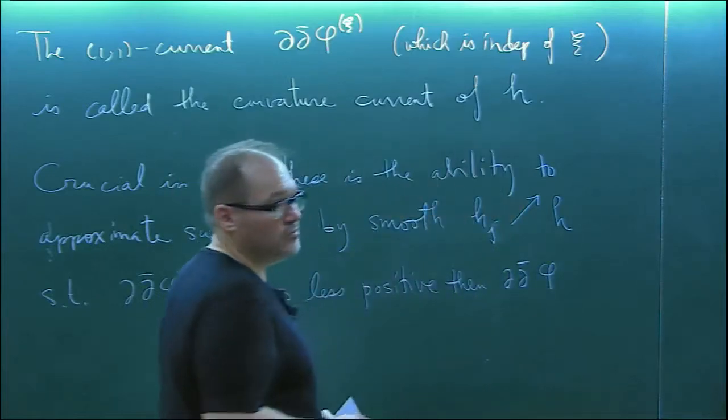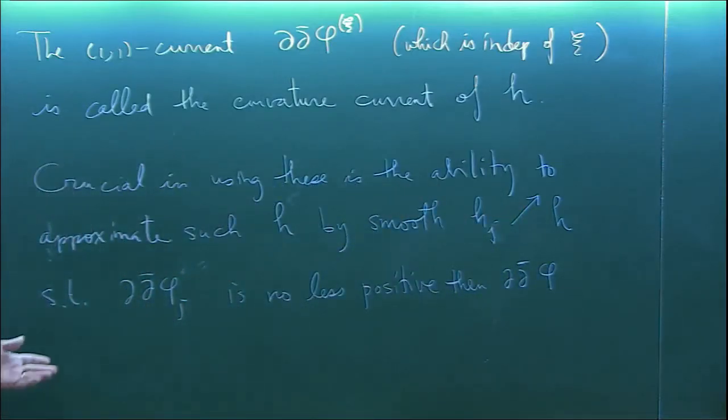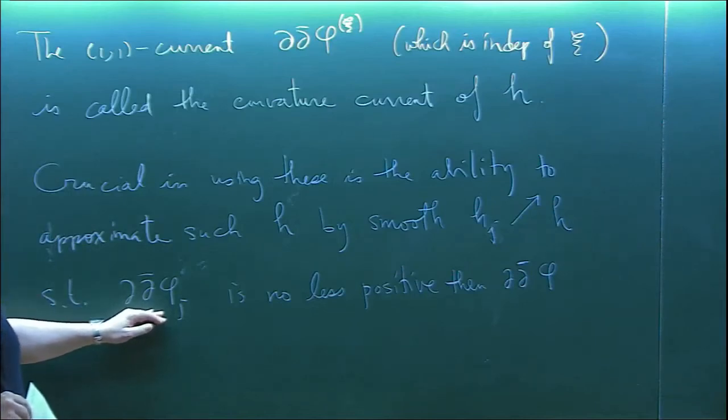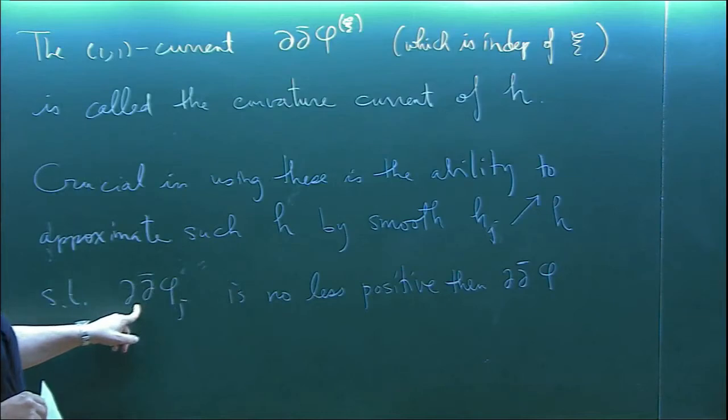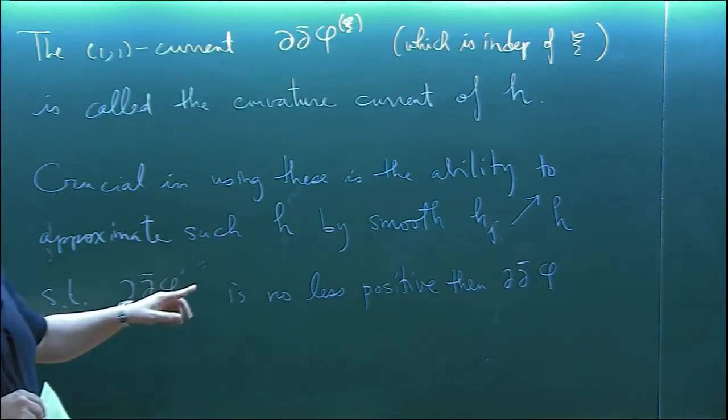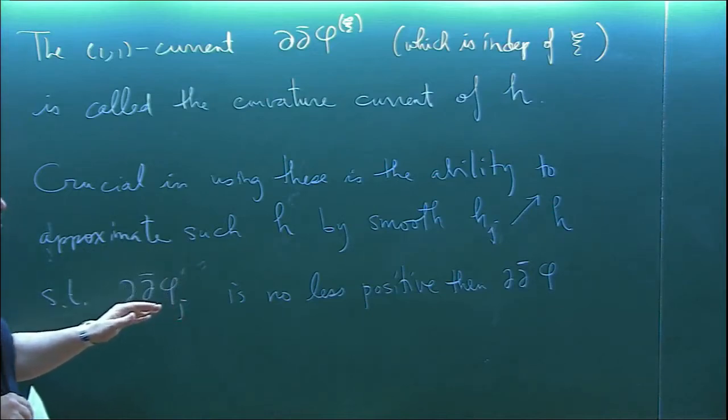So you can make sense of the positivity of currents, and a smooth form is in particular a current via multiplication. So you're just saying that dd bar phi_j minus dd bar phi is greater than or equal to 0.